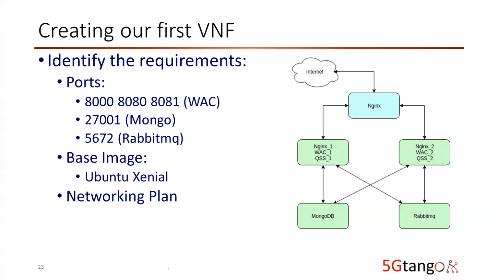So look at this picture, we don't have specific requirements for the networking in terms of different networks. We only need 1 BNF with a management interface, and an external interface to communicate from the internet. And we could have all of these BNFs in an internal network.